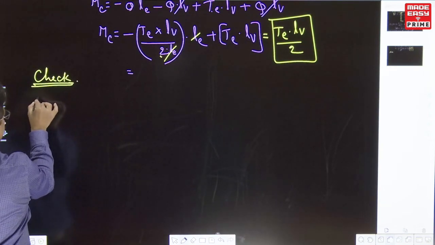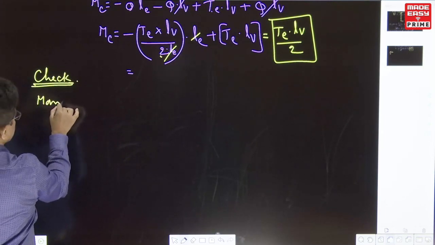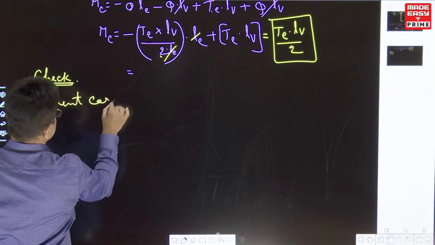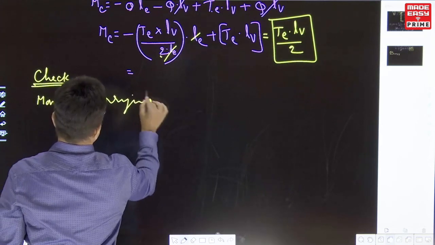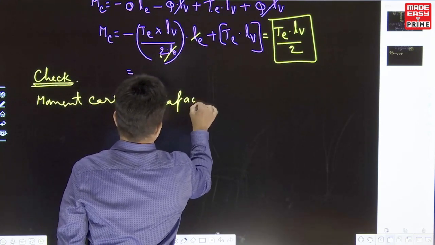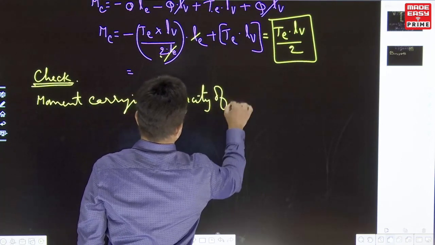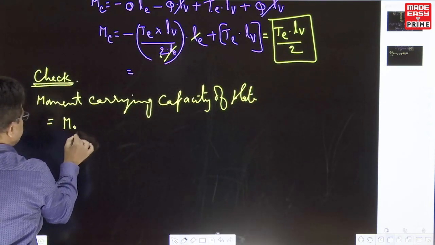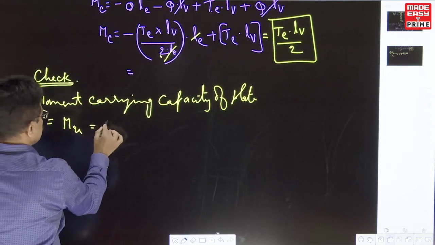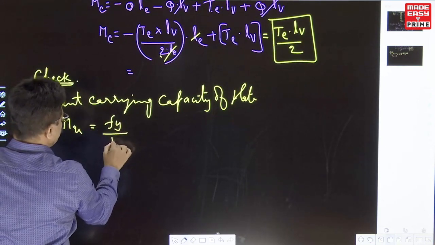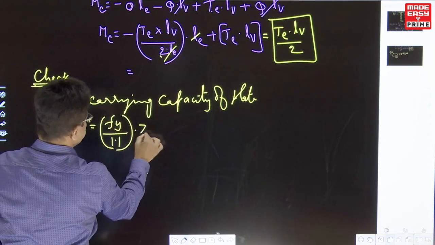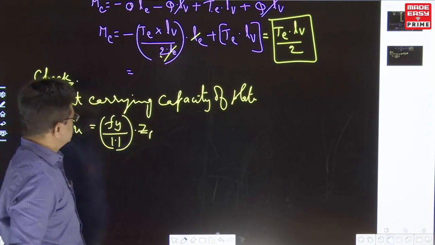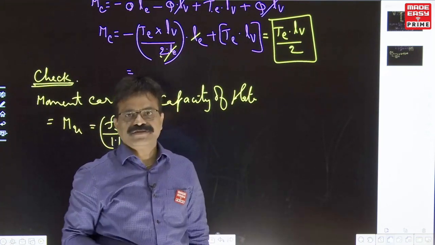You have to take it like this. Moment carrying capacity of the plate, you call it as Mu, Fy by 1.1 into Zp. You have a rectangular plate.